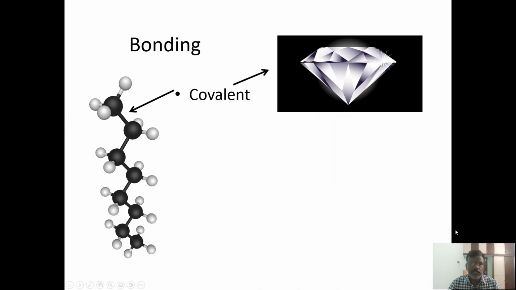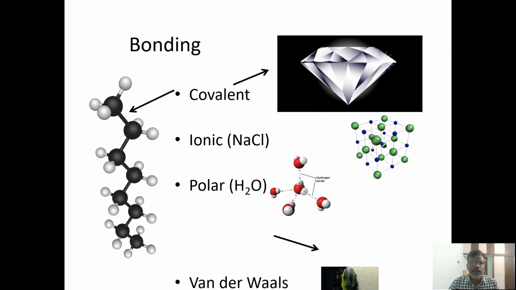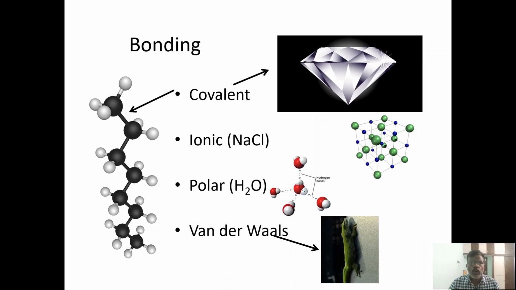Before we go into the polymer topics, I'd like to give an outline about the various types of bonding. So there are four types of bonding: covalent bonding, ionic bonding, polar bonding, and van der Waals bonding.